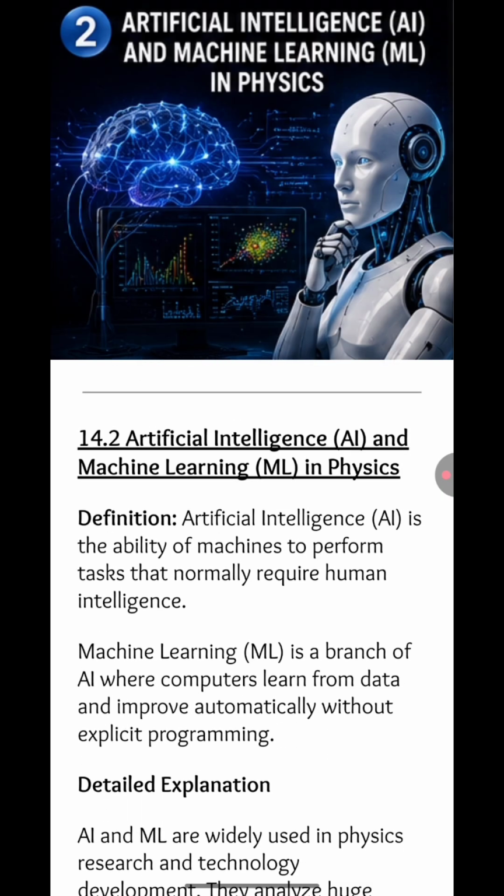The next topic is artificial intelligence, AI, and machine learning in physics. Definition: artificial intelligence is the ability of machines to perform tasks that normally require human intelligence, whereas machine learning is a branch of AI where computers learn from data and improve automatically without explicit programming.